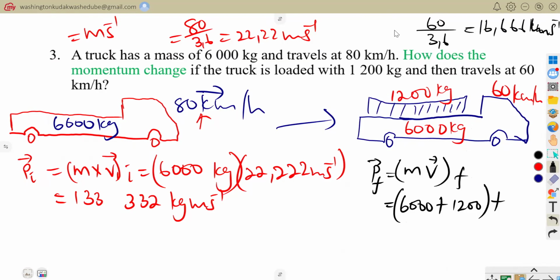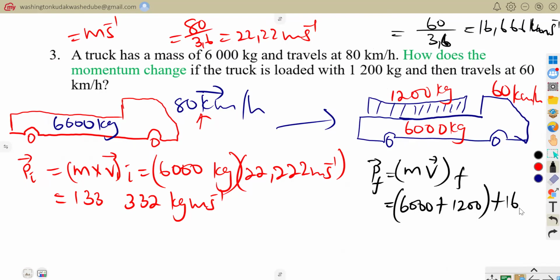So you need to convert kilometers per hour to meters per second. How do you do that? You use this conversion factor, which is 3.6. At some point in time, they give you this conversion factor. At some point in time, they don't. So just get to know it. You need to know it by heart.